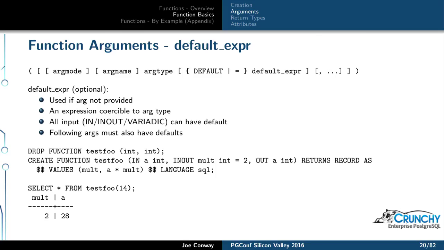So in this case, I've defined a as an in, mult as an inout with a default of 2, and then a as an out. And so when I call this function now with just one argument, the default of 2 gets used, and so that's my result.